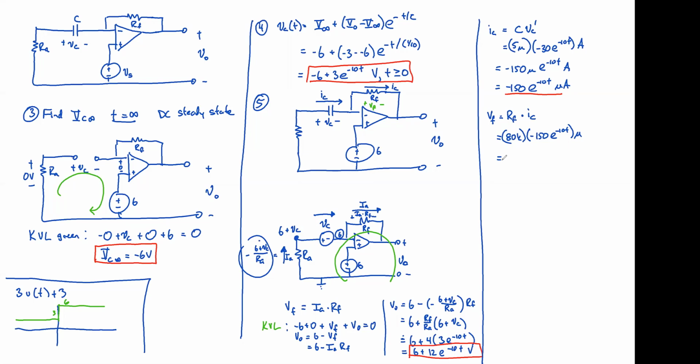What's 8 times 150? 1,200, I think. Is that right? Yeah, 1,200. What is e to the minus 10t? What's a k times a micro? It's a milli.